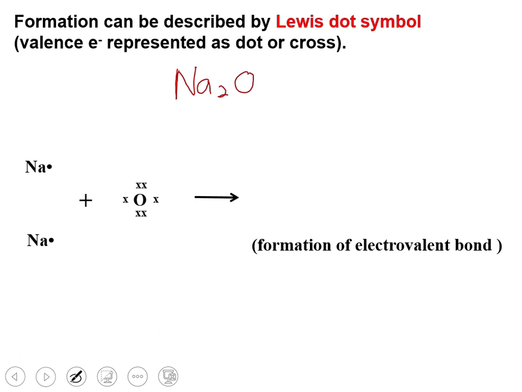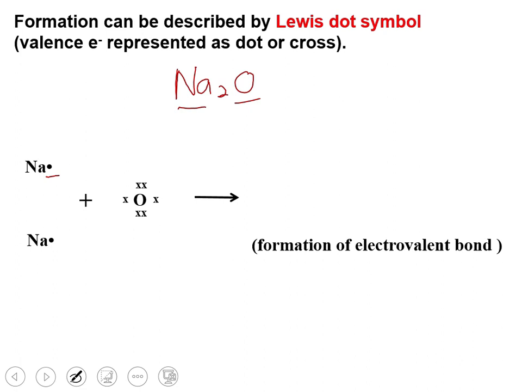Another example of ionic bond is Na2O, where Na is metal, oxygen is non-metal. Na has only 1 valence electron. Oxygen has 6 valence electrons, so oxygen will need another 2 electrons to complete the octet configuration.